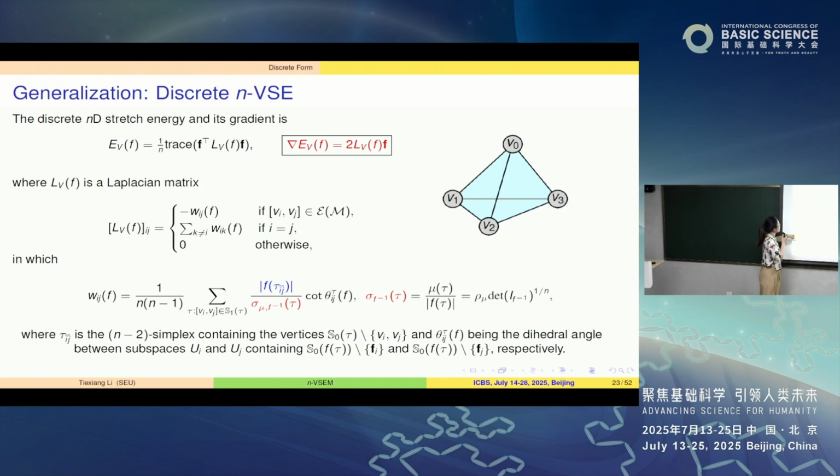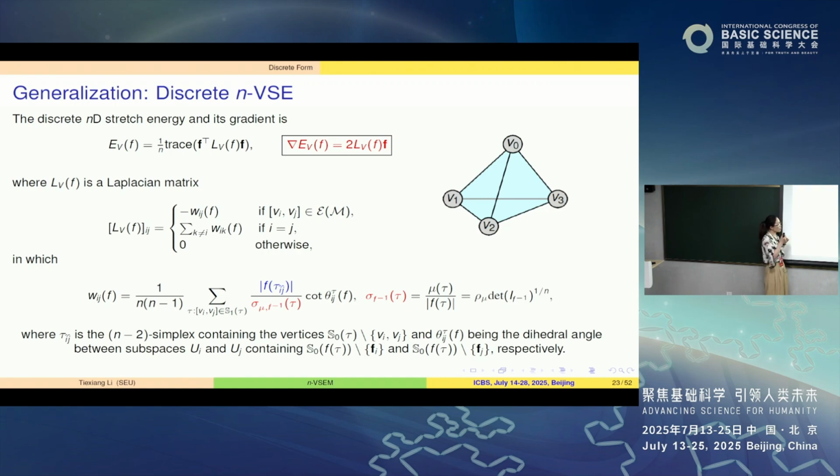Here the Laplacian matrix LV is defined by this Wij, which is given by this formula for the nD manifold. And here we still put this mass ratio at the denominator. So we have this discrete form by generalizing the 2D and 3D versions.